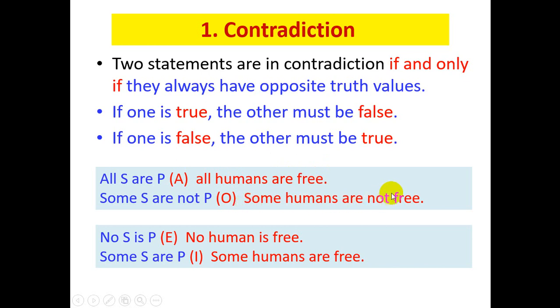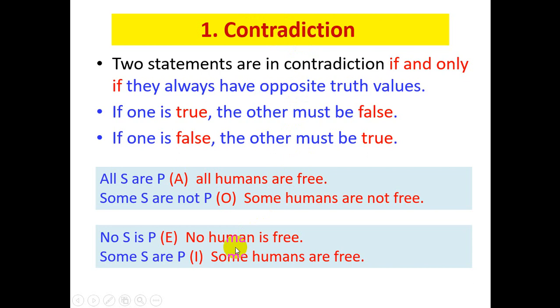These two propositions are contradictory, in the meaning that if this is true, then this is false, and if that is true, this is false. Why? Because they are contradictory to each other. So this is called contradiction.